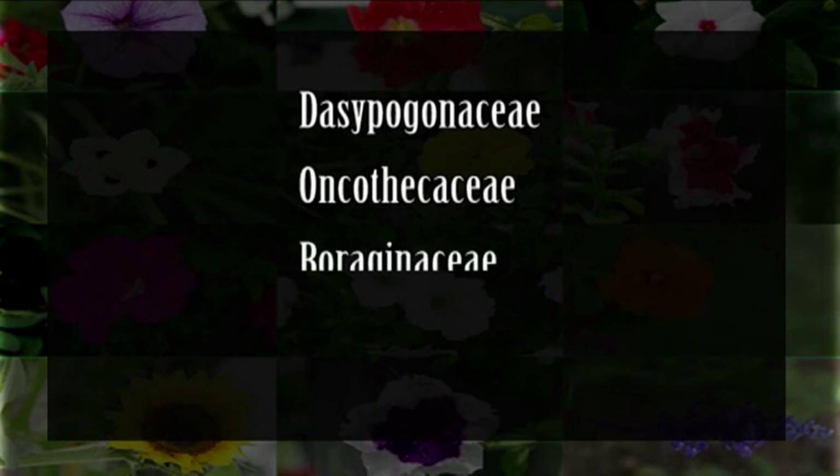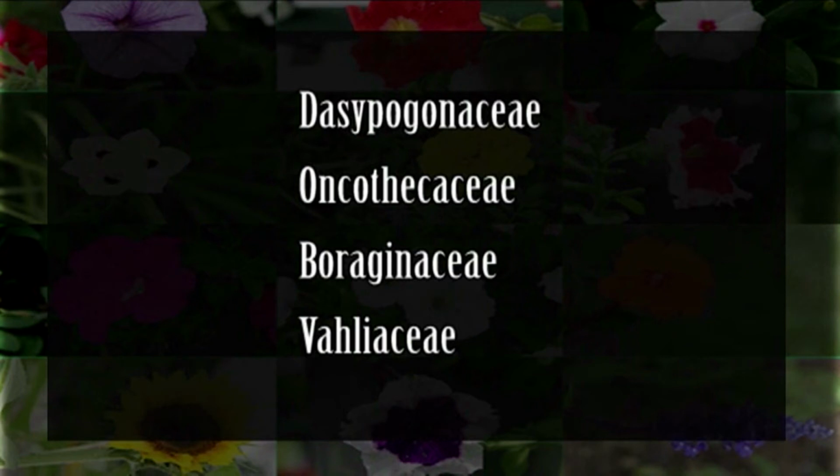That's why they are placed at the start of the classification without any informal clade name. In the APG 3 classification, the latest version of this system, a few families, for example, Dasypogonaceae, Oncothecaceae, Boraginaceae, Vahliaceae, and many others, are still unplaced. They have not been placed in any order.